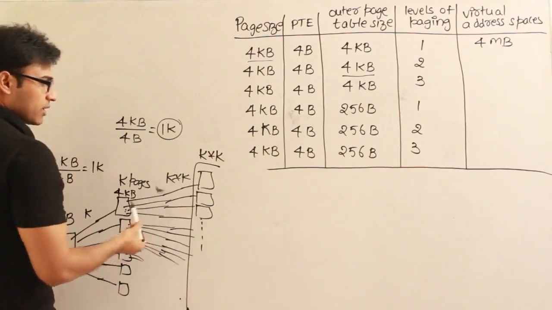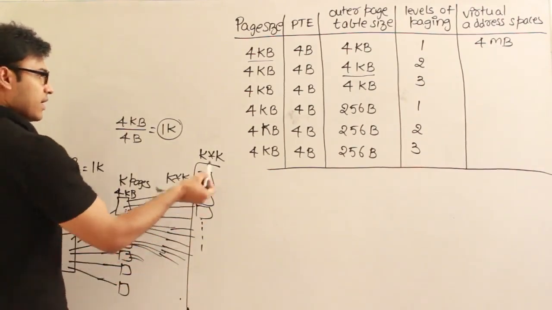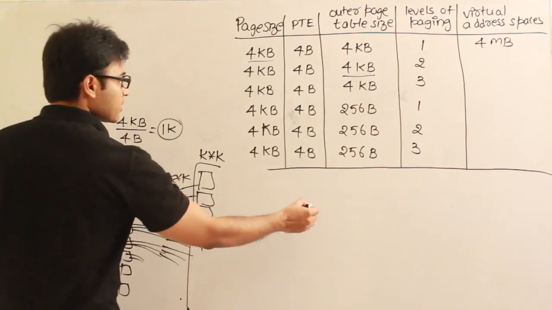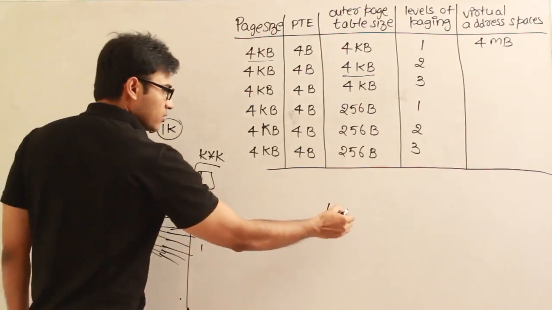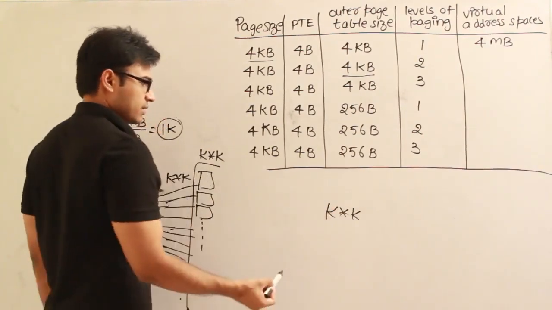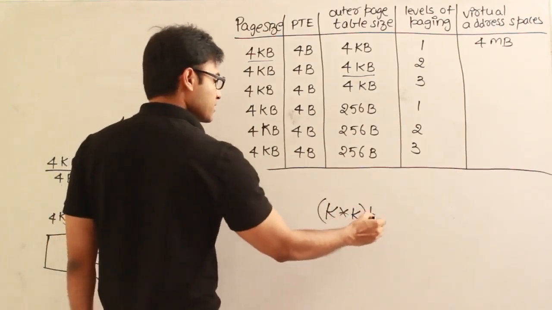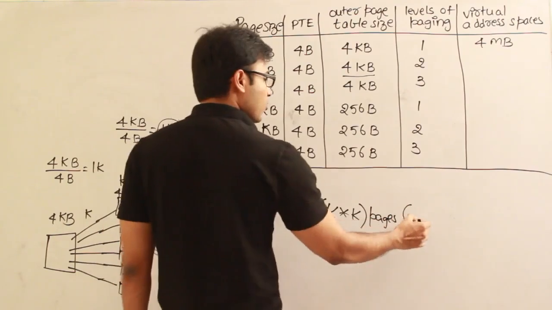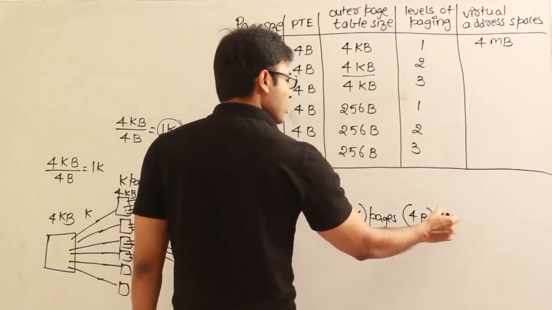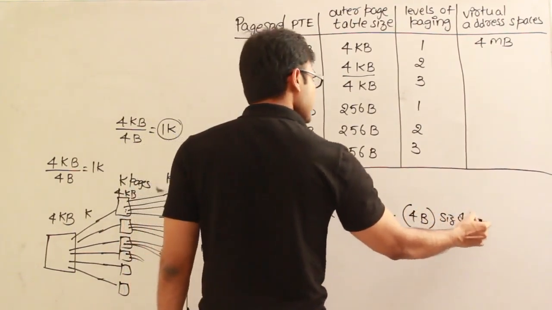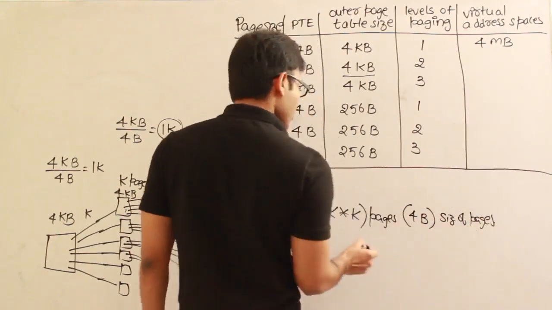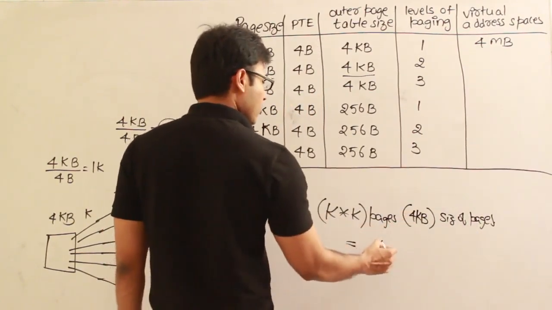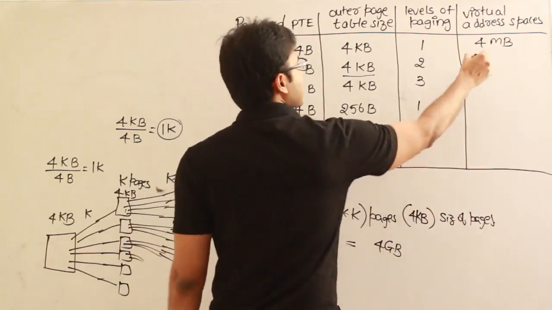And if these are the total number of pages present in the process and the size of each page is 4kb, then what is the total size of the process? 1k into 1k pages are present in the process, and the size of each page is 4kb. Therefore what is the total size of the process? The total size of the process is 4GB, right?